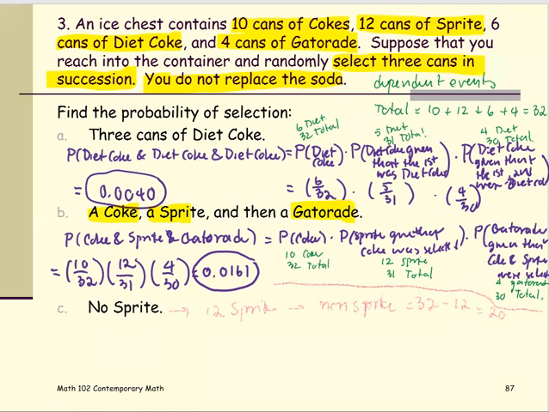Now we're going to find the probability of getting no Sprite for each one of them, or from three successive selections of the soda.